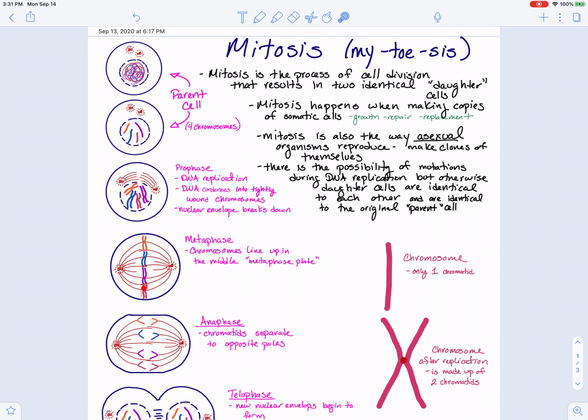That's just the middle of the cell. And it's those little microtubules coming from these, called centrosomes, but you don't have to know that. They're going to attach each to a side, each to a chromatid. So each of the microtubules are attaching to one side of that chromosome.